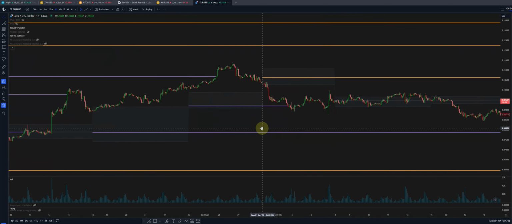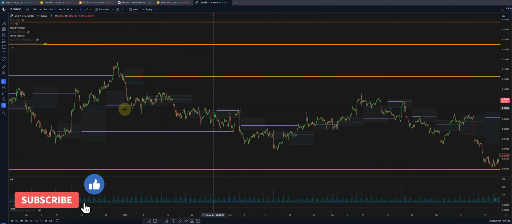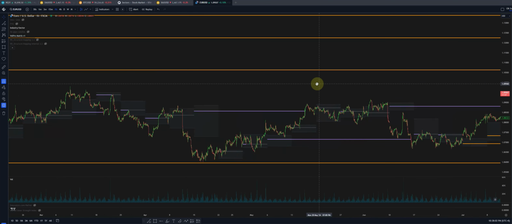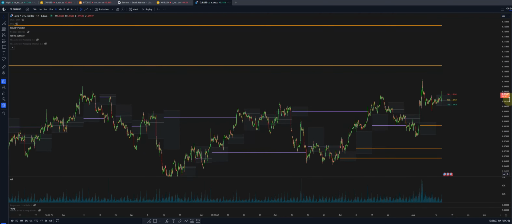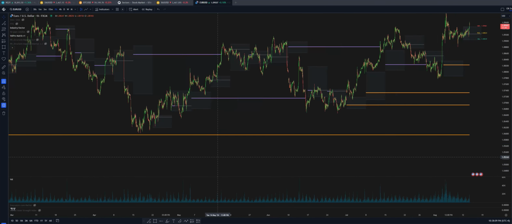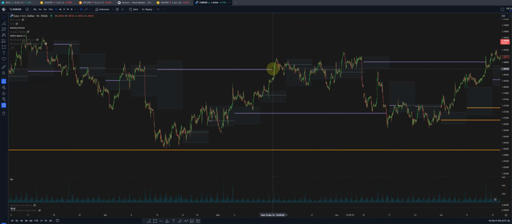If you notice, the week started here and never tested this one, so this one is just going with the price until it tests at some point. And similarly, you can see that this was the virgin, from here the price came, this was the virgin.